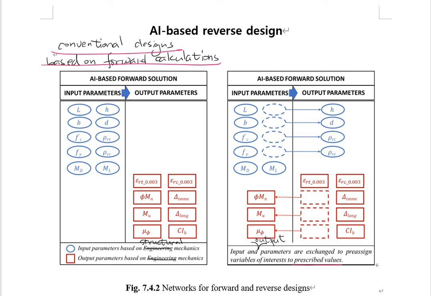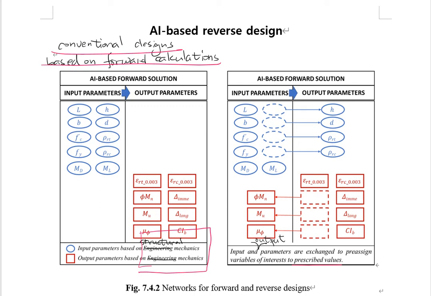Usually the conventional designs based on forward calculations are performed using structural mechanics. All the structural software can be used to perform conventional designs, and they are based on forward calculations. Whereas we have here the reverse design that we need to take a look at using artificial neural networks.